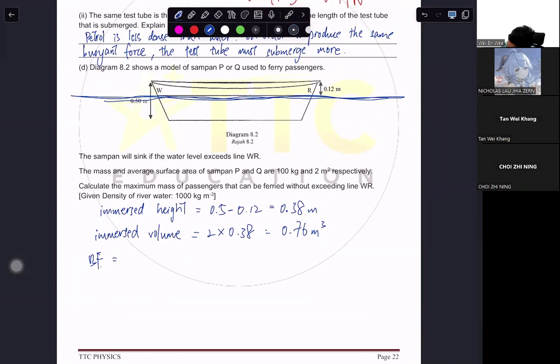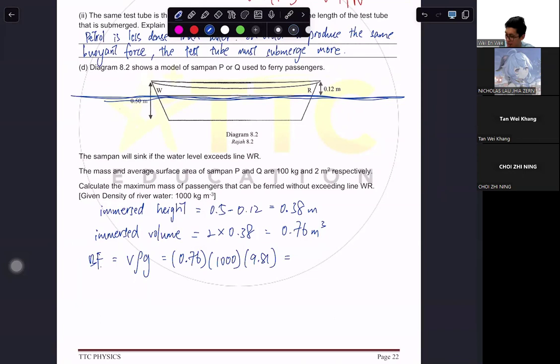So I can use V rho G, where V is the submerged volume, rho is the density, and G is 9.81. Okay, so I just substitute all my answers. 0.76. Density is 1000. G is 9.81.